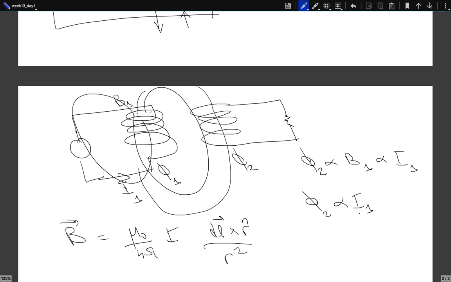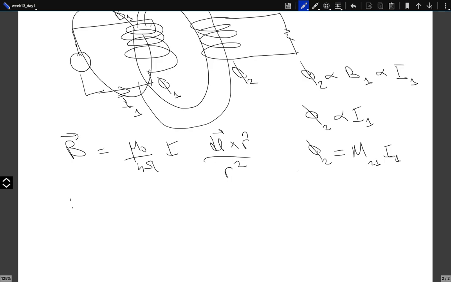The flux passing through the second circuit will always be proportional to the current passing through the first one, and that proportionality constant is called inductance. This M21 is called mutual inductance. Of course, this constant will depend on the geometry, and on whichever material you put in your system.